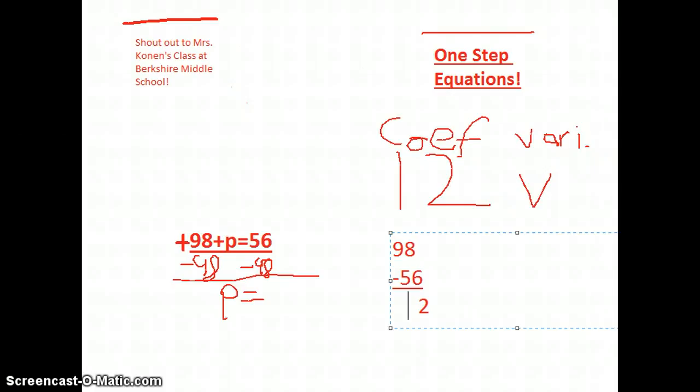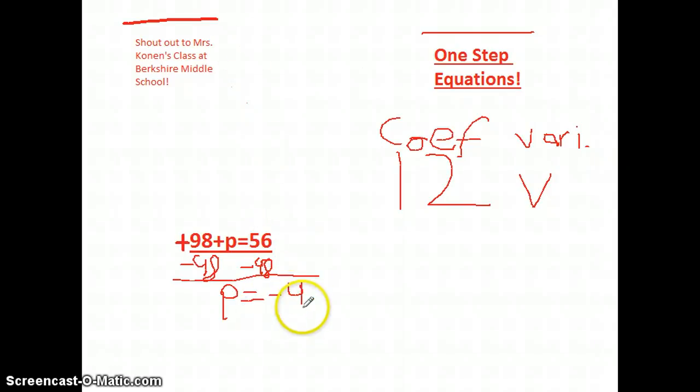So then 9 minus 5 would equal 4. Oops. But because the 98 here would be a negative, it would be negative 42. Pretty simple.